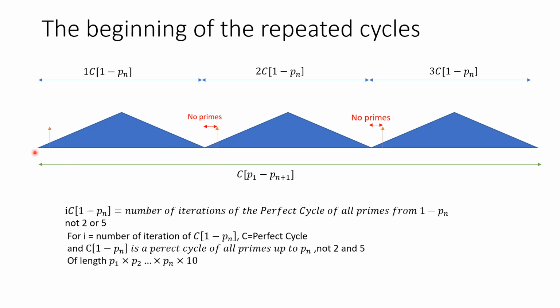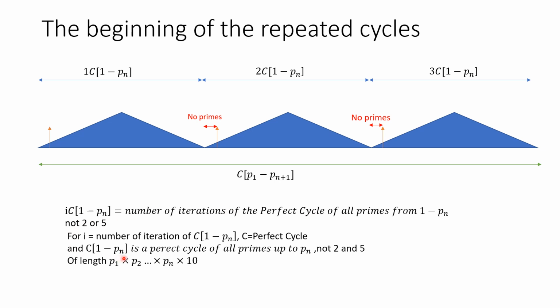Okay, they will all be primes here, but in every iteration at the beginning, there won't be primes in those tens, right? So until 17, there won't be primes in the first and second 10 of every iteration.